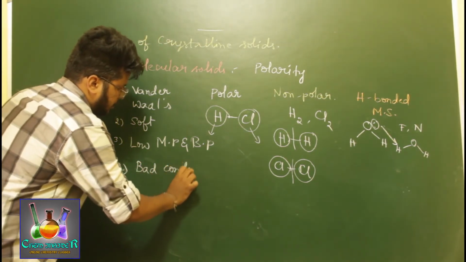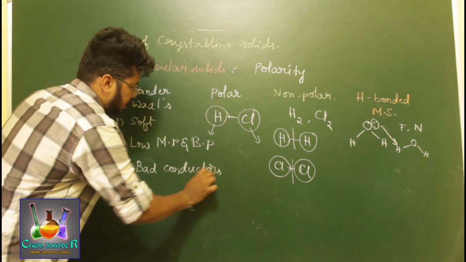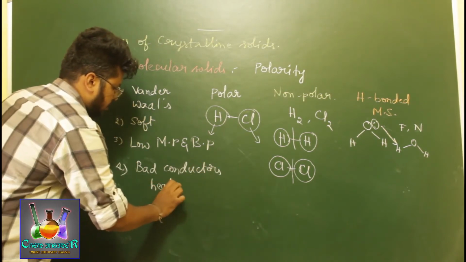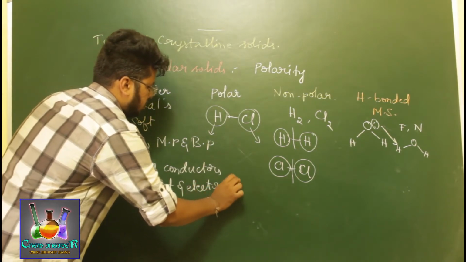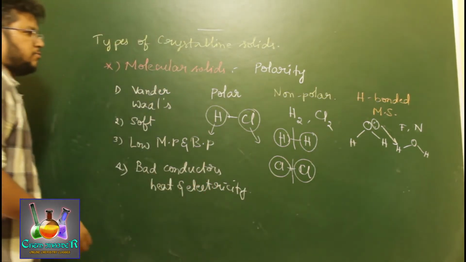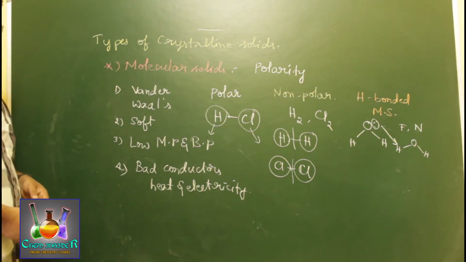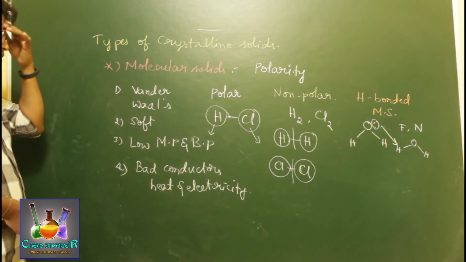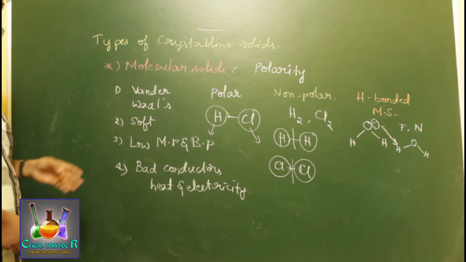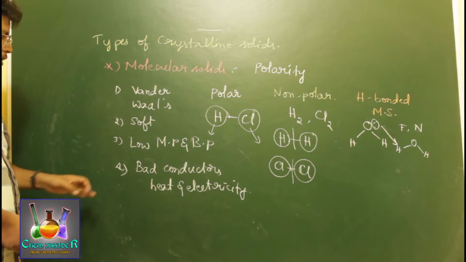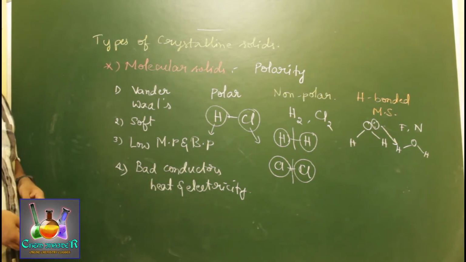They are also bad conductors of heat and electricity, because their electrons are not free to move. So, a molecular solid is formed by weak van der Waals force of attraction, is soft in nature, has a very low boiling and melting point, and is a very bad conductor of heat and electricity.